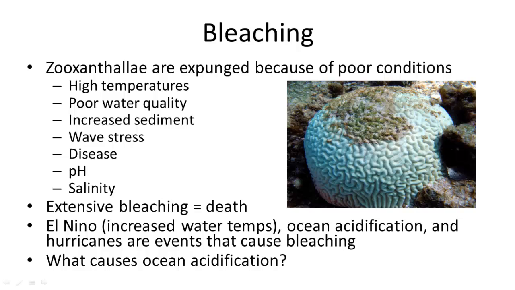But this has occurred more and more extensively with global warming and ocean acidification. And ocean acidification is caused by an increase in carbon dioxide in the atmosphere, which then dissolves into the ocean, which then reacts with the water to create a more acidic environment.